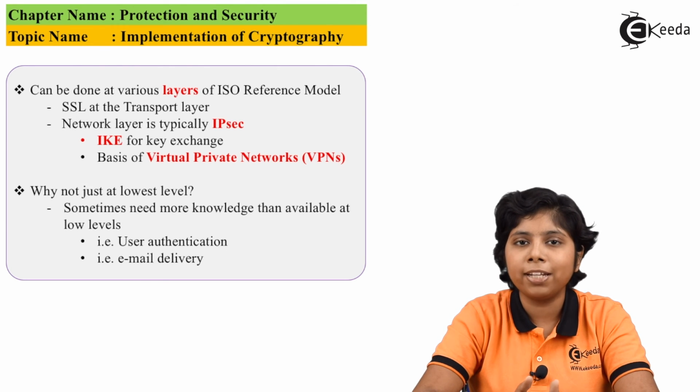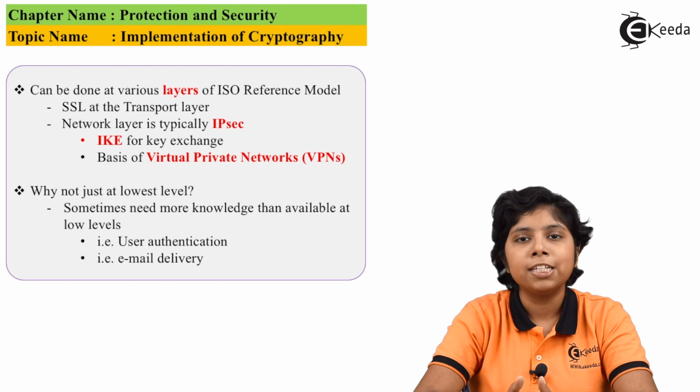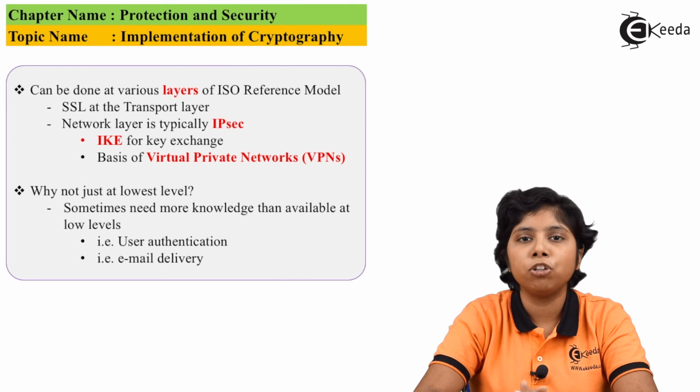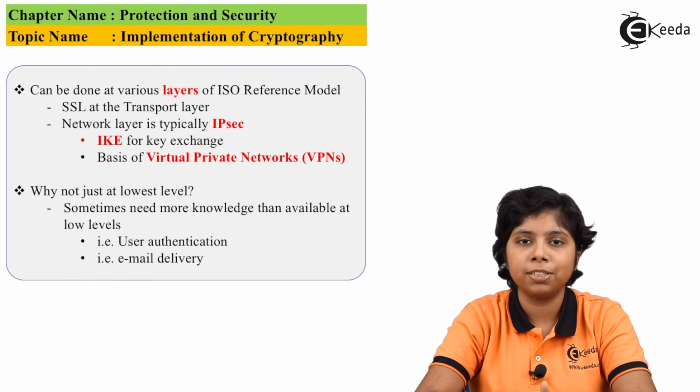In this way, implementing cryptography in different layers of the protocol stack supports different levels of security. This is done because we want the network, via which we pass our information from one end of the system to the other, to be very secure.